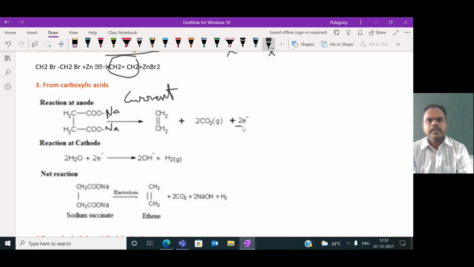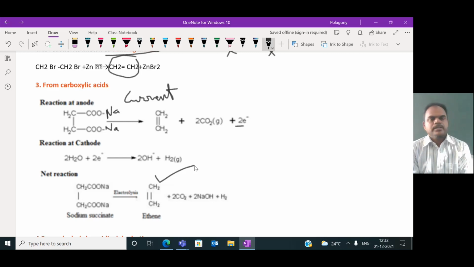Electrons will be released at the anode. And at the cathode, the water is accepting electrons and changing into hydroxide ion. These hydroxide ions combine with the sodium and form sodium hydroxide also. Hydrogen gas is liberated at the cathode, and CO2 gas and ethene gas come out from this method.